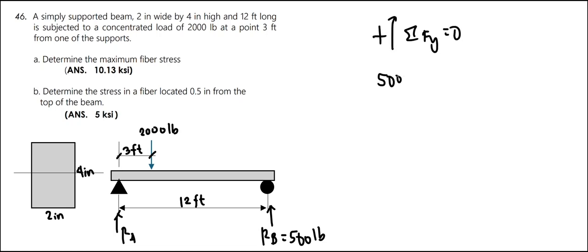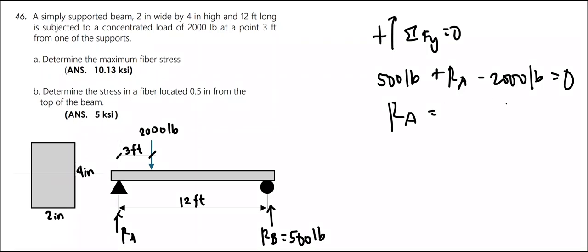We have 500 pound force at RB plus RA minus the downward force of 2,000 pounds equal to 0. Solving, we get RA equal to 2,000 pounds minus 500 pounds equal to 1,500 pounds.